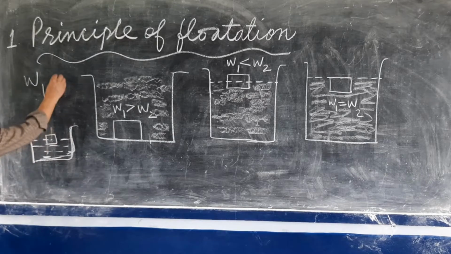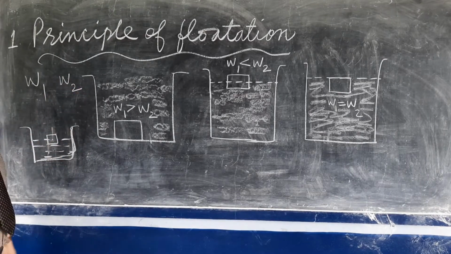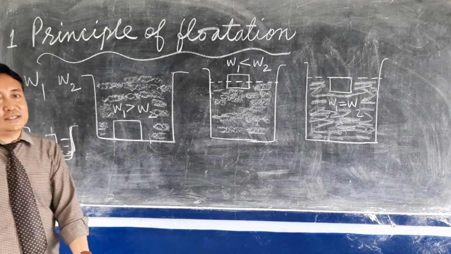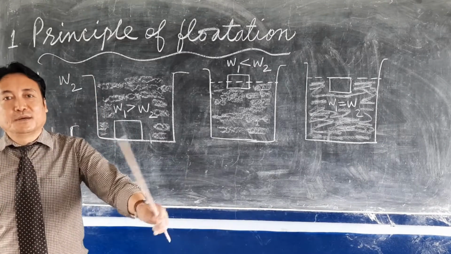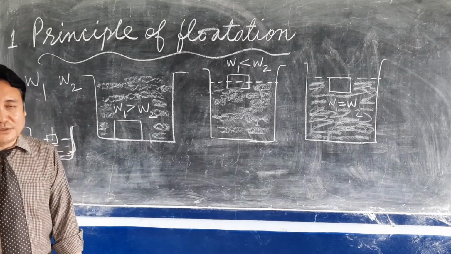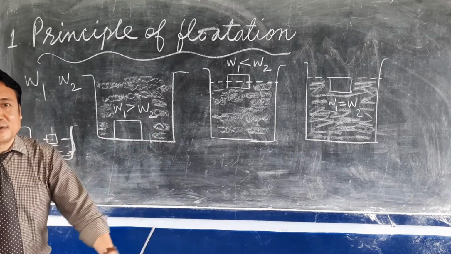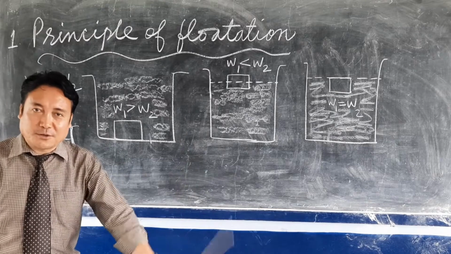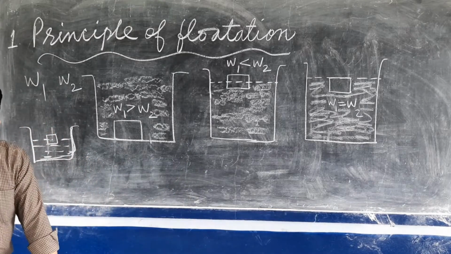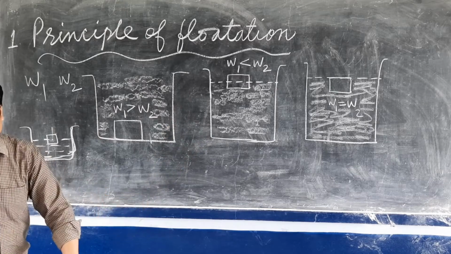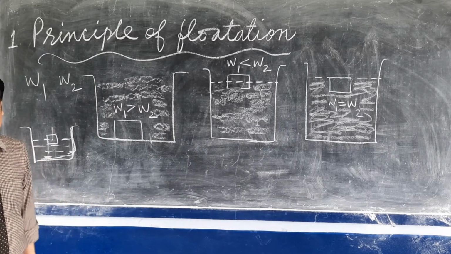The other one is the buoyant force or the upthrust, which acts vertically upward. So one is the downward force, considered as the weight of the body, and the other is the upward force, considered as the buoyant force or the upthrust.